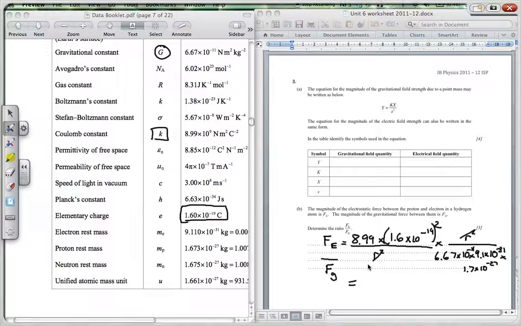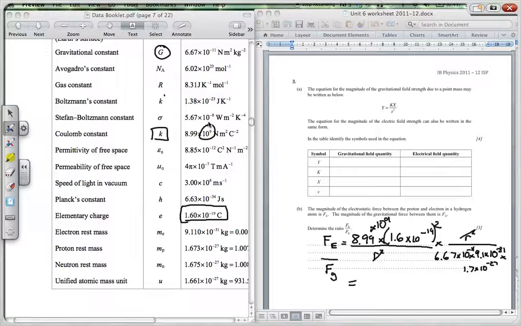So we can have 8.99. Oh, I left out something here, sorry. Times 10 to the 9. So that's exponent 9 times 1.6 exponent minus 19, and then I'm going to square that.